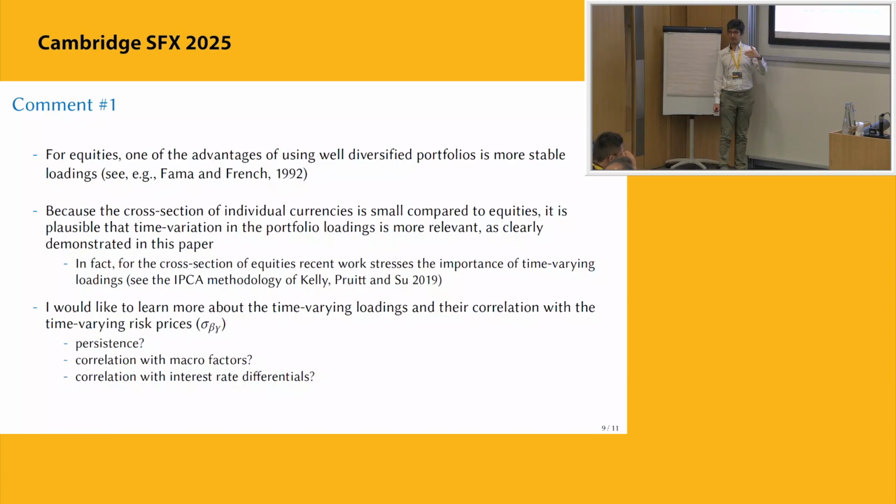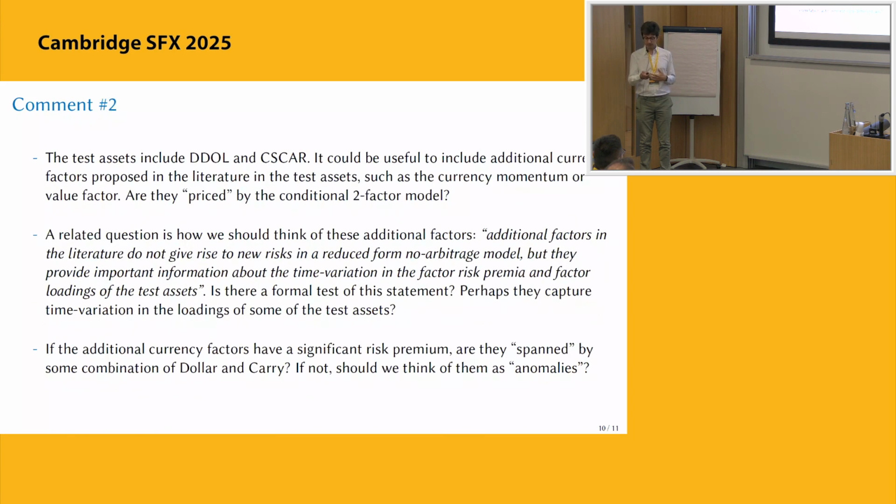For example, what is their persistence? I see there is a table in the paper that shows they are very volatile. So what about their persistence? What about the correlations with the macro factors? And what about correlation with interest rate differential? The main result comes from the time variation in these betas, so I would like to learn more about their characteristics.